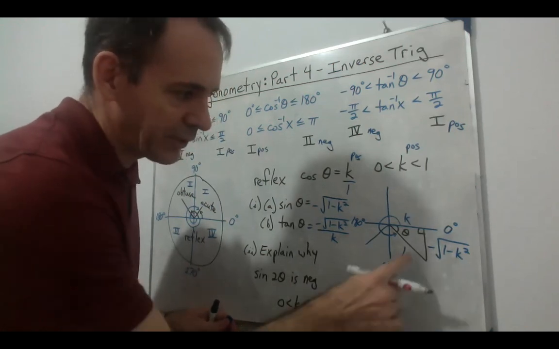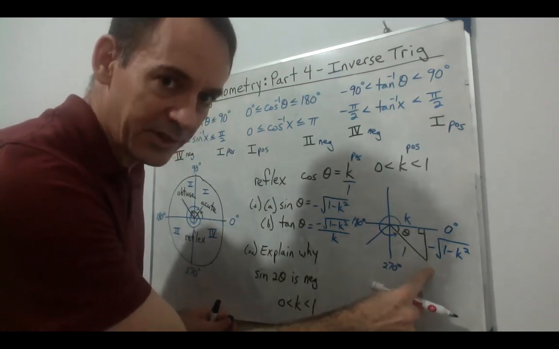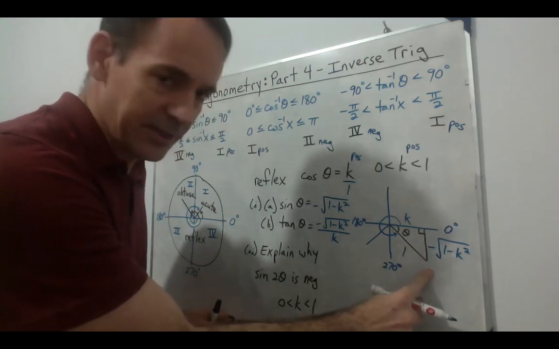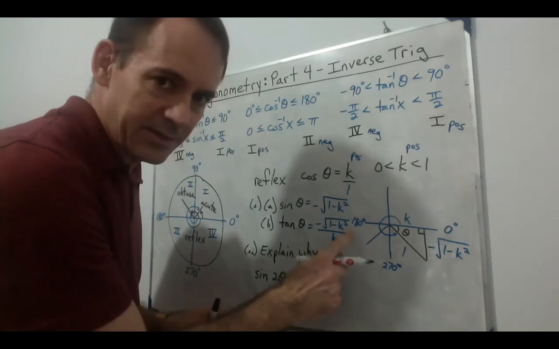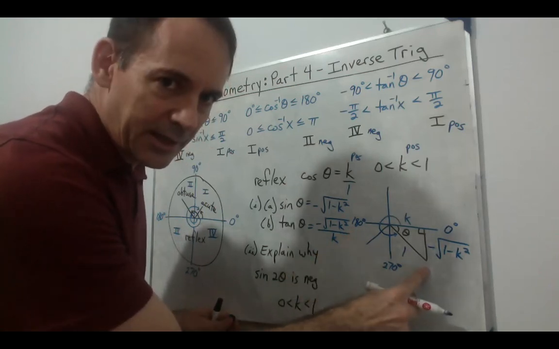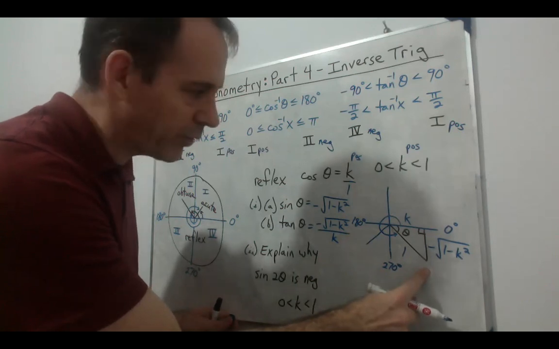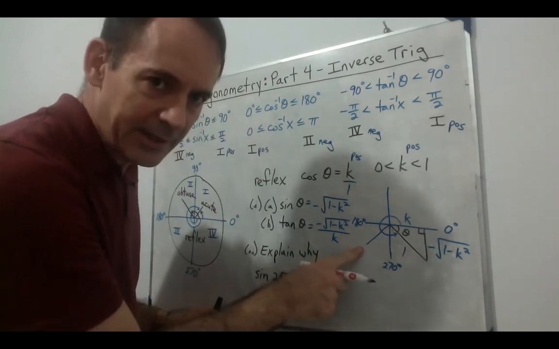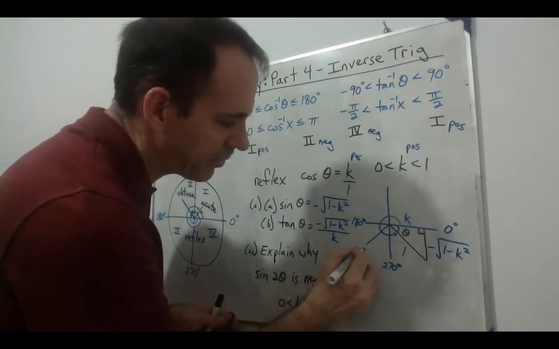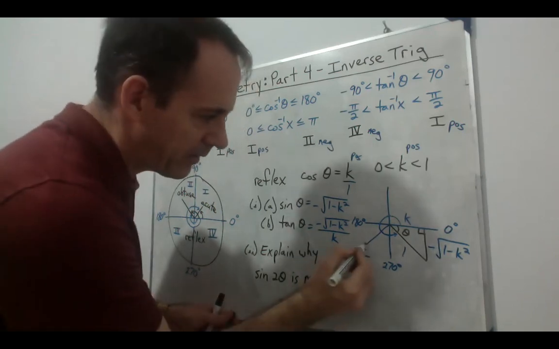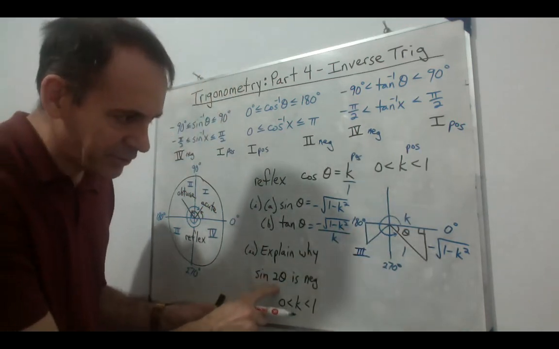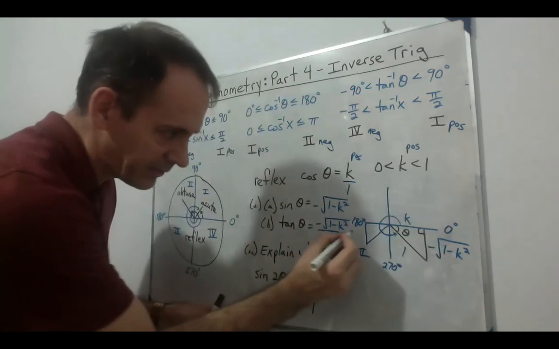Okay, so for example, 300 doubled is 600. 600 minus 360 is 240. 240 is here in the third quadrant. So we're going to be here somewhere in the third quadrant. So if we're in the third quadrant, notice sine in the third quadrant is still negative. It's going down.